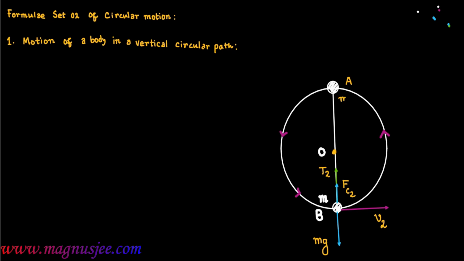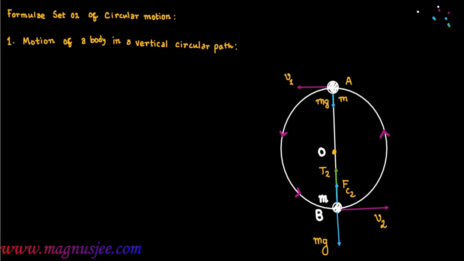When the body reaches the highest point A of this vertical circular path, it has a tangential velocity v1. The weight of the body at the point A, mg, acts downwards.